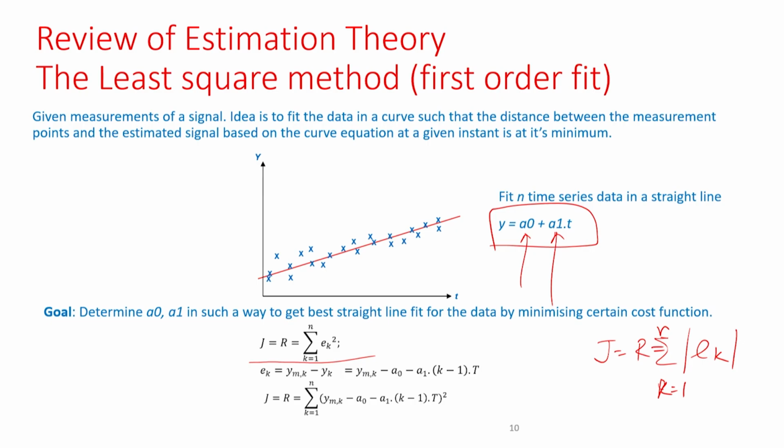If I minimize it, suppose del j by del a0 equal to 0 and del j by del a1 is equal to 0, and I can solve it. But the problem with this is that from your basic differential calculus theory, if I do not use a square, it is difficult to differentiate and all.